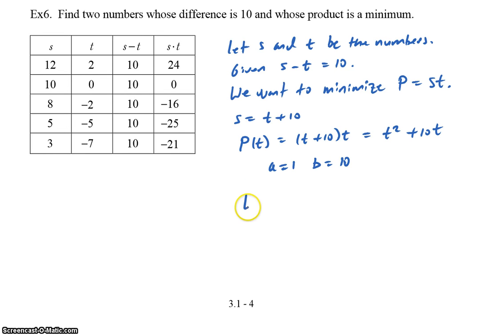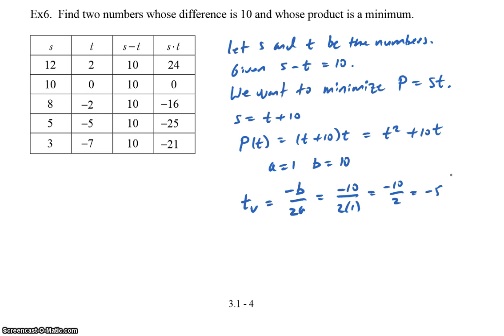So the T-coordinate of the vertex would be, by the vertex formula, minus b over 2 times a. b is 10, a is 1. We obtain negative 10 over 2, which is negative 5. So if T is negative 5, then the product should be minimized.